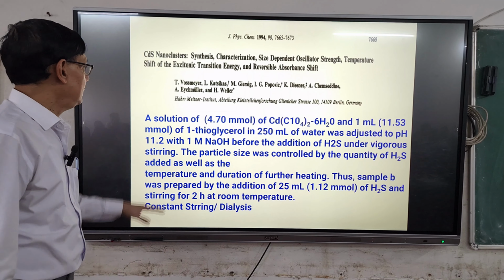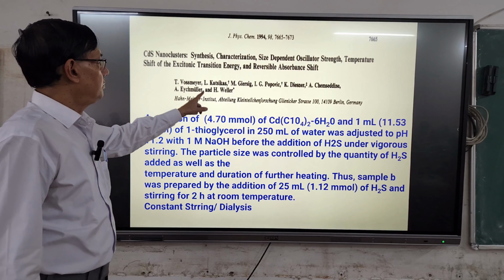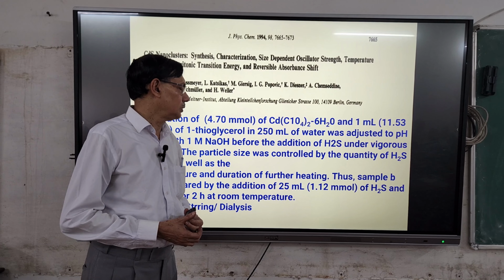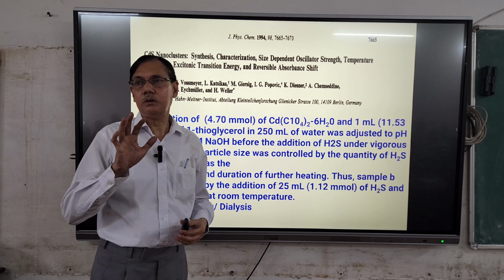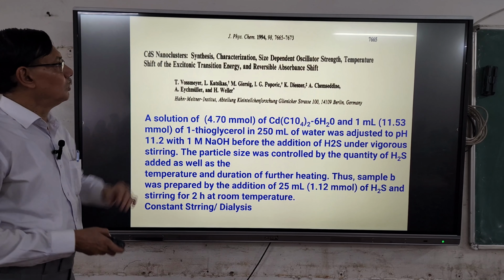It is available, this H2S gas and other things, and it is published in the Journal of Physical Chemistry 1994. So you can understand that I have such a large number of research papers, and out of these I have chosen the easiest, simple method for the student. This is also a very old paper.